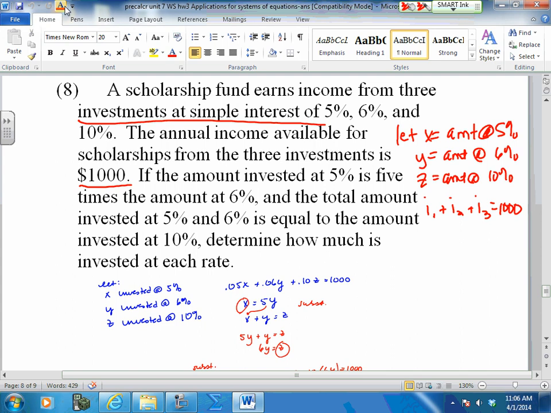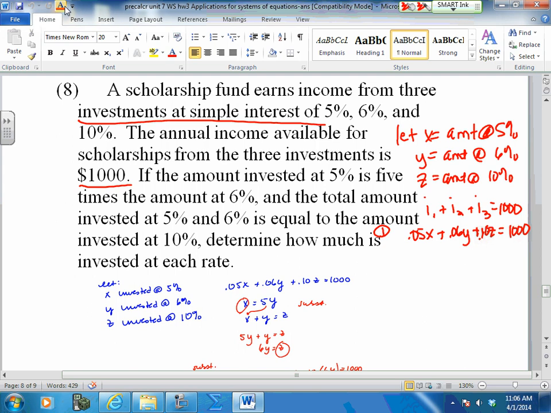All your interest added up. So interest is principal times rate. So we're going to substitute this. 0.05 times X plus 0.06 times Y plus 0.10 times Z equals $1,000. That's our first equation. Our interest that we get out of this totals $1,000.